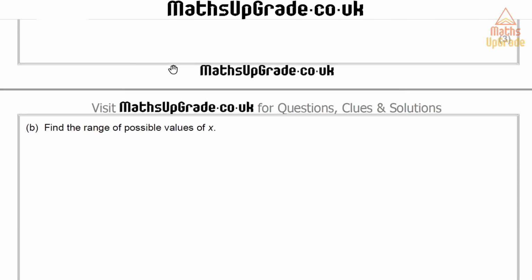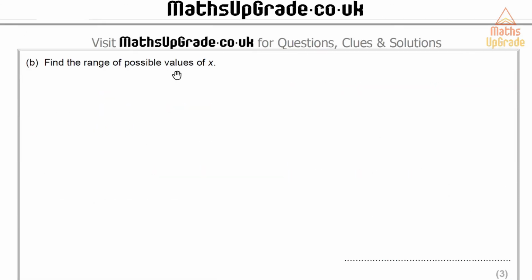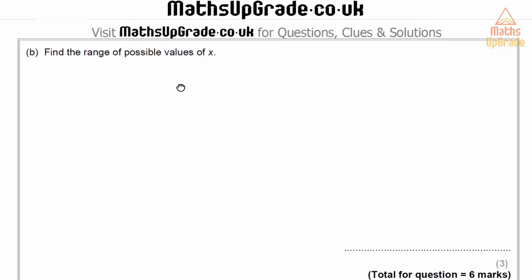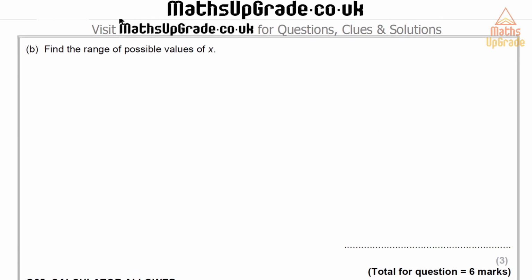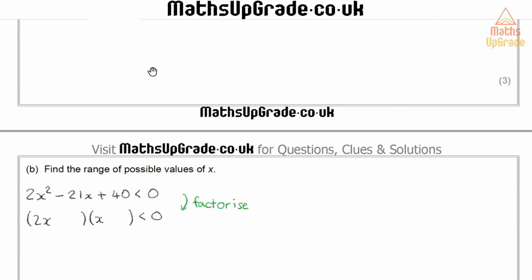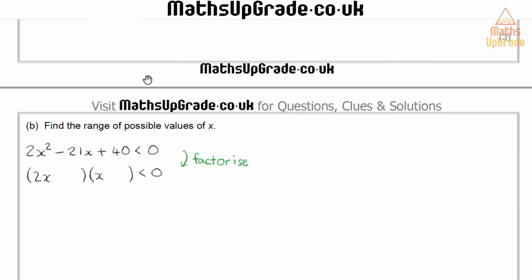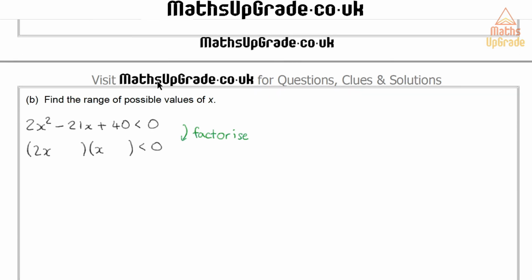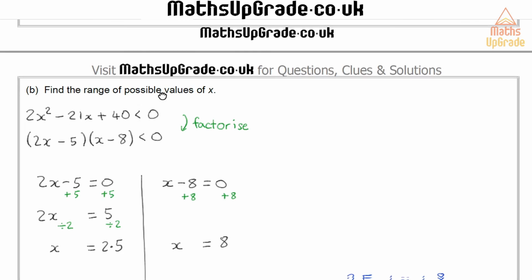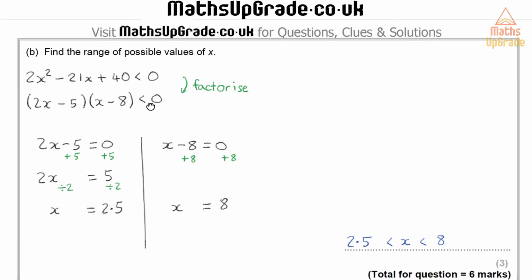The next part of the question is this. I'm asked to find the range of possible values of x for the final 3 marks. What I need to do now is solve this inequality. So I'm going to solve it by factorising. When I factorise this, I get this expression here.